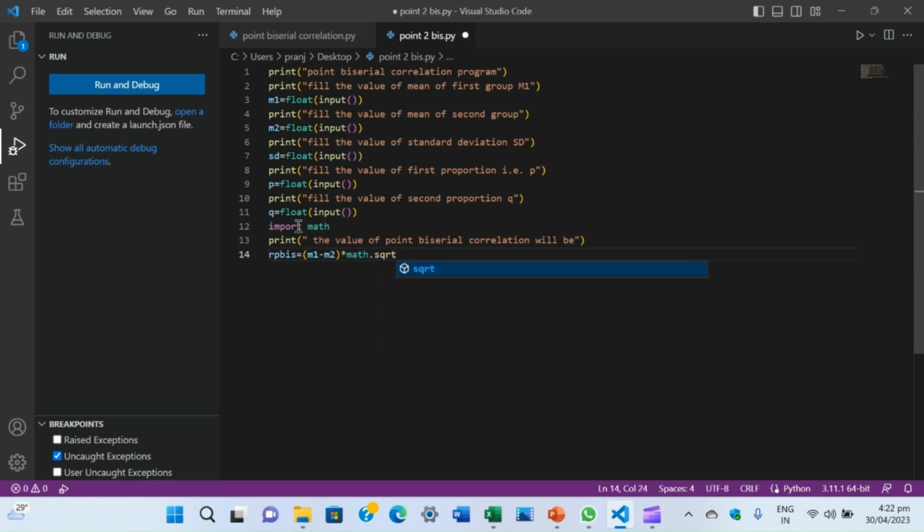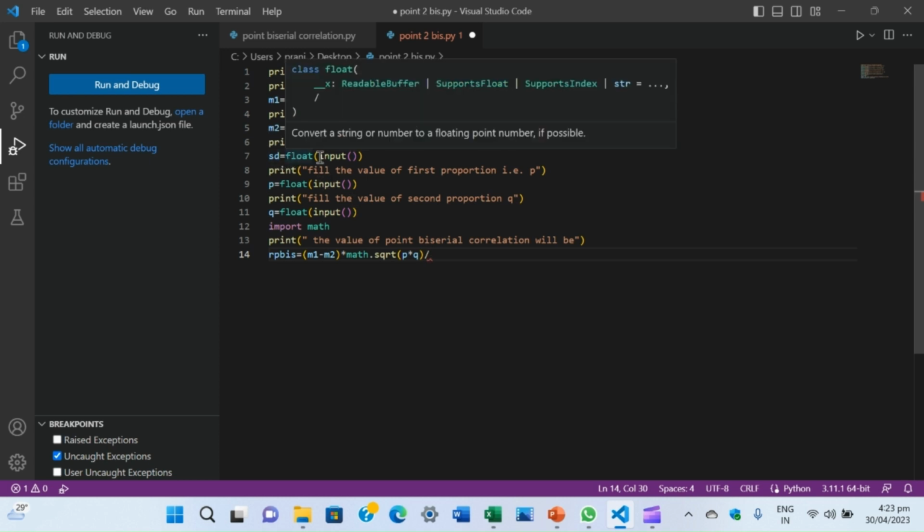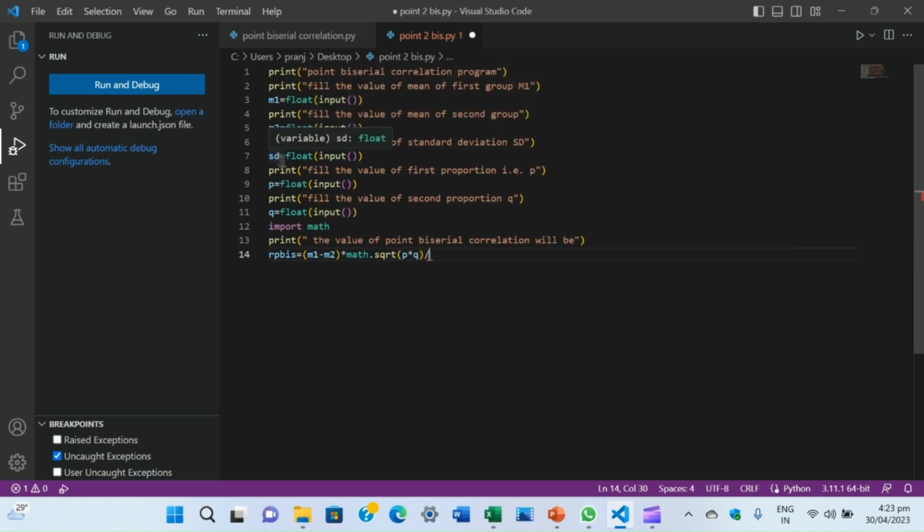Already we have written import math in the 12th line, and here we write only math dot sqrt, square root and bracket, p multiplied by q, because we need the square root of p into q, and then divide it by standard deviation, and the variable name is small sd for standard deviation, which is given in the 7th line.